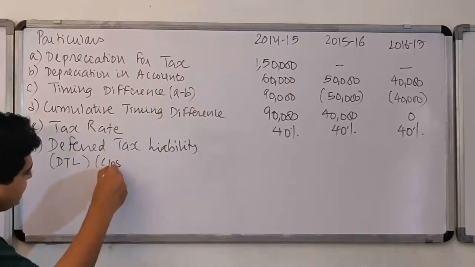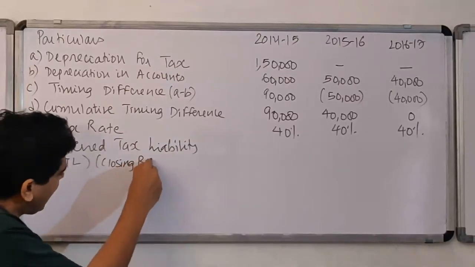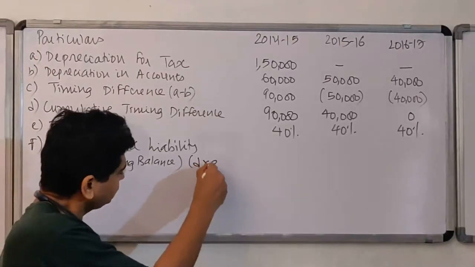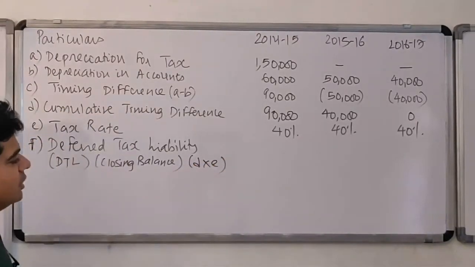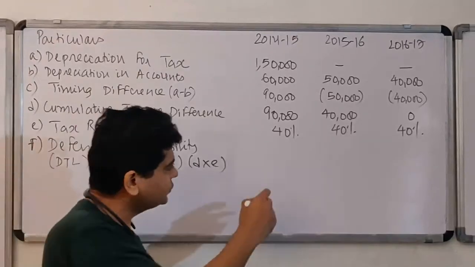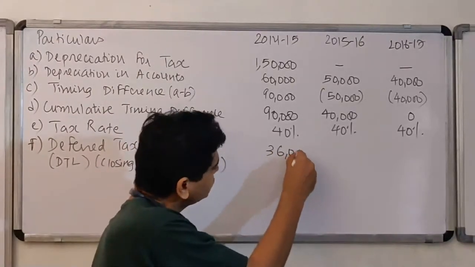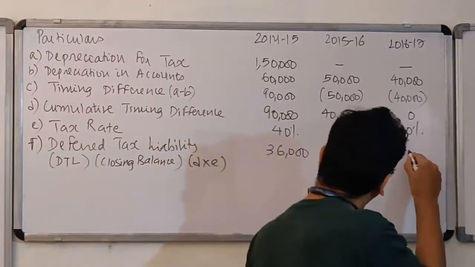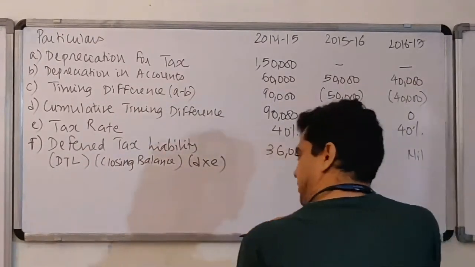Again in brackets I say I'll get a closing balance. And how will I get it? D multiplied by E. So 90,000 I will multiply by 40%. So 36,000. This is 16,000. This is 0 or nil, whatever you say.